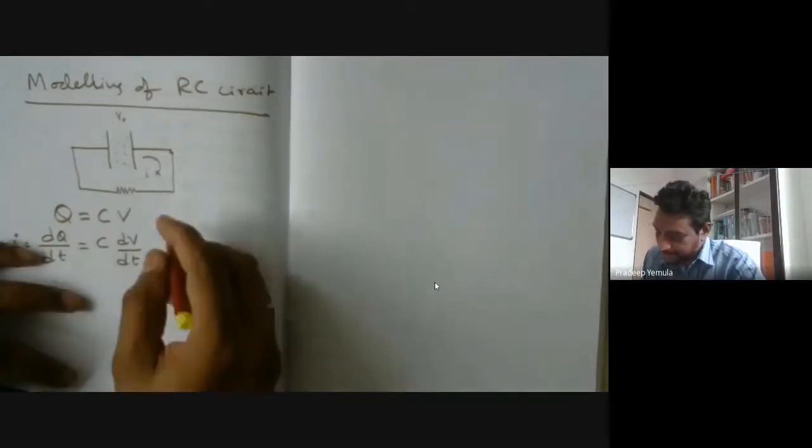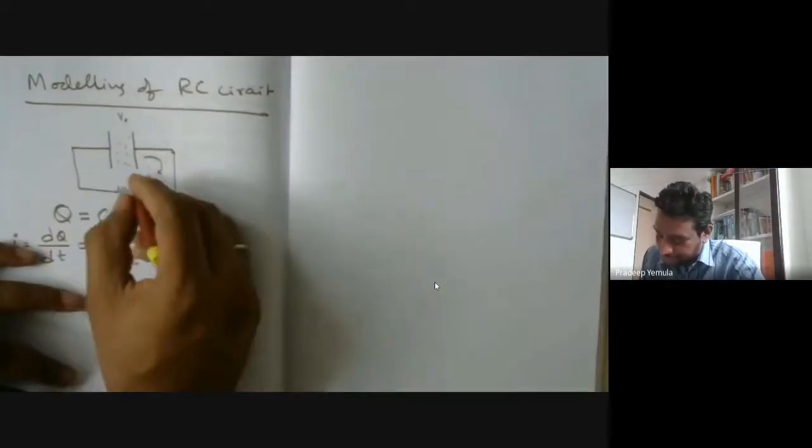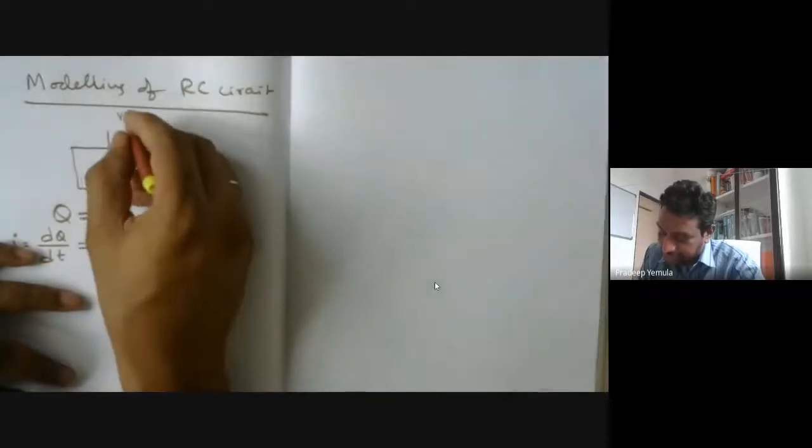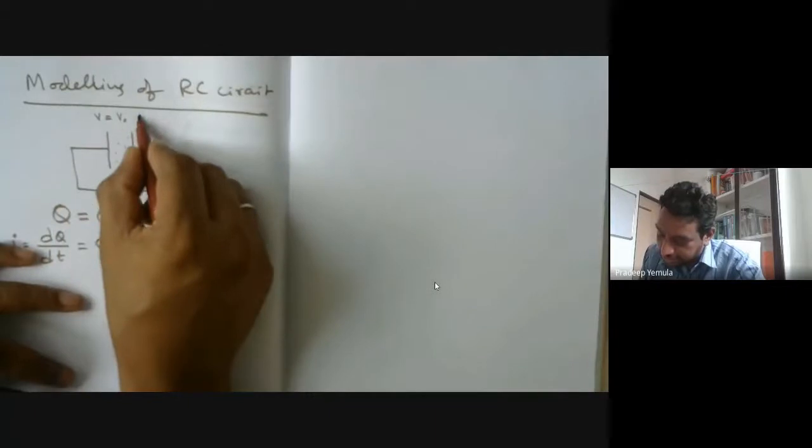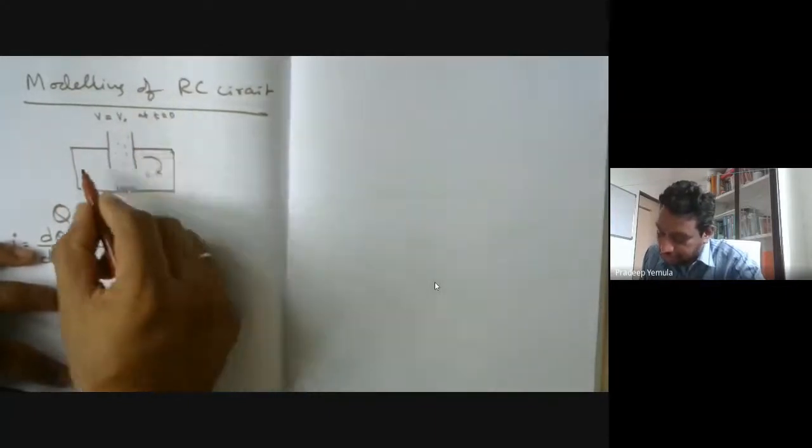Why? See, whatever the voltage is here, right now this one is the initial voltage. So V equals V naught at t equals 0.